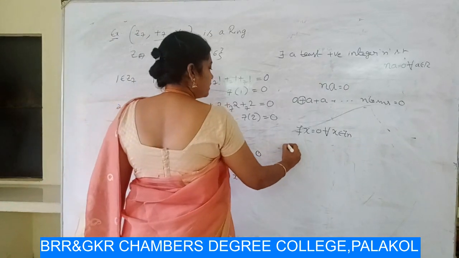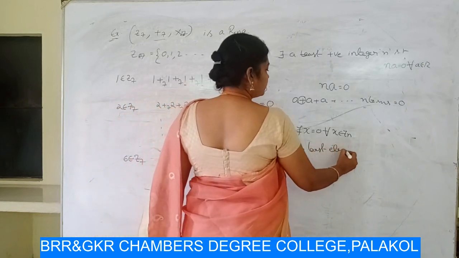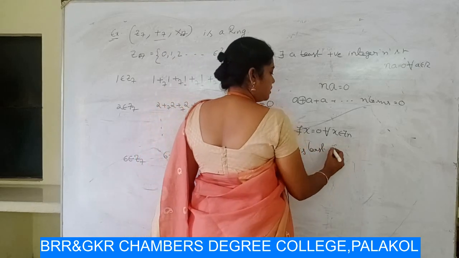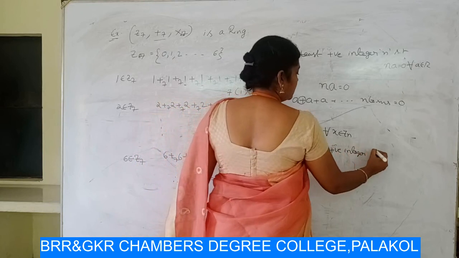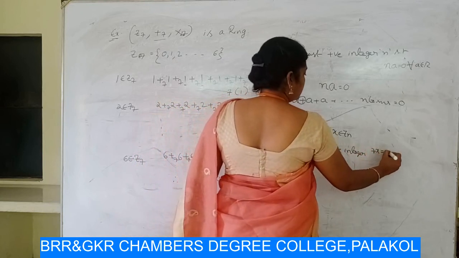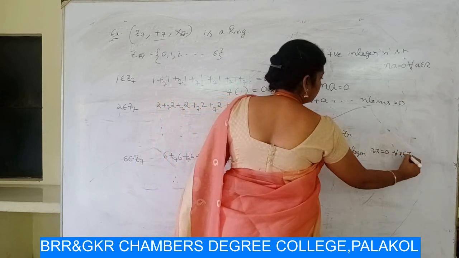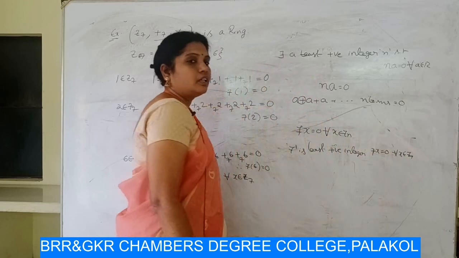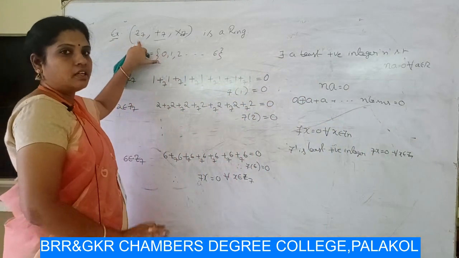Therefore 7 is the least positive integer such that 7x is equal to 0 for all x belonging to Z7. Therefore, the characteristic of the ring Z7 is 7.